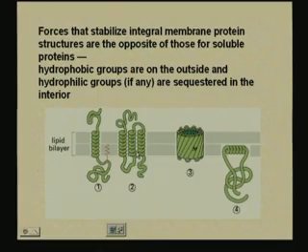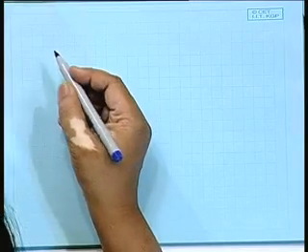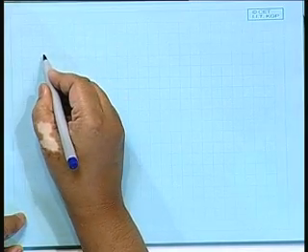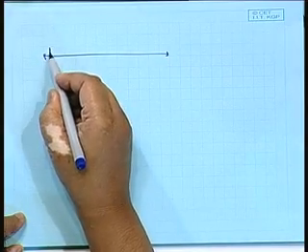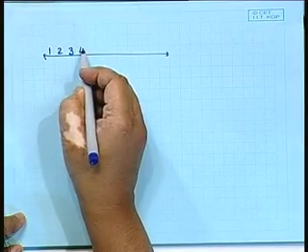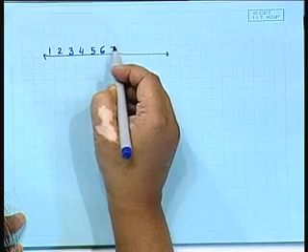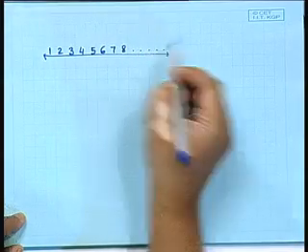Now, you remember how we are supposed to find out the transmembrane helices using the hydropathy plot. Okay. What do we do for the hydropathy plot? There is a certain sequence of amino acids that we have. Okay. So, we have amino acids 1, 2, 3, 4, say 5, 6, 7 and so on.